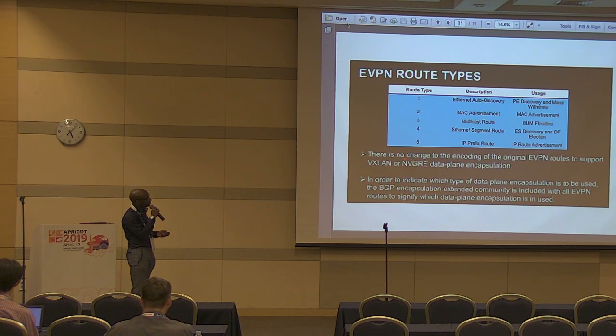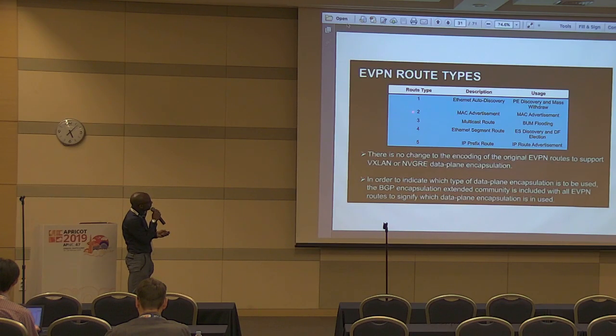Route type 1 is your Ethernet auto discovery route. There are two types of these: the Ethernet auto discovery per Ethernet segment and Ethernet auto discovery per EVPN instance. One of the usages is PE auto discovery. This is how we achieve remote VTEP auto discovery within EVPN. Remember, with VXLAN you have to manually define this.